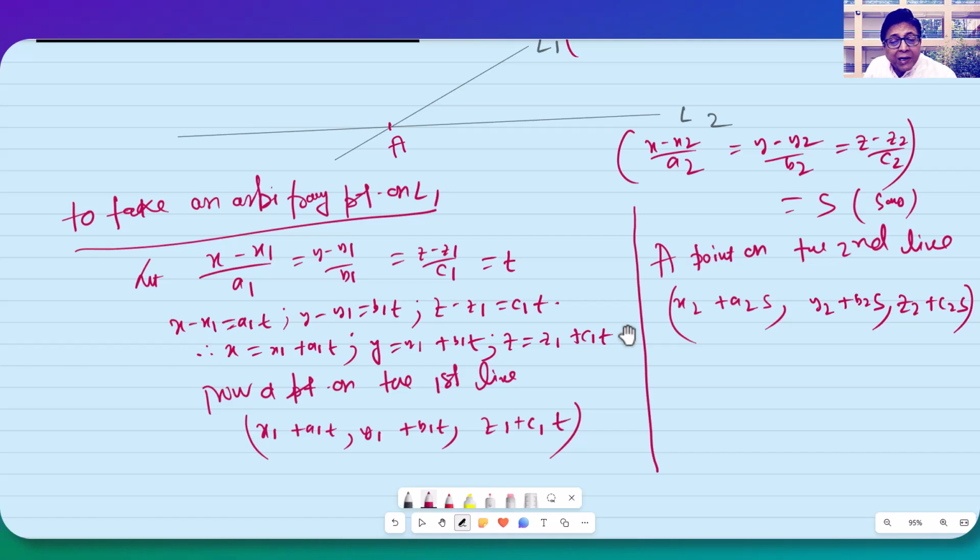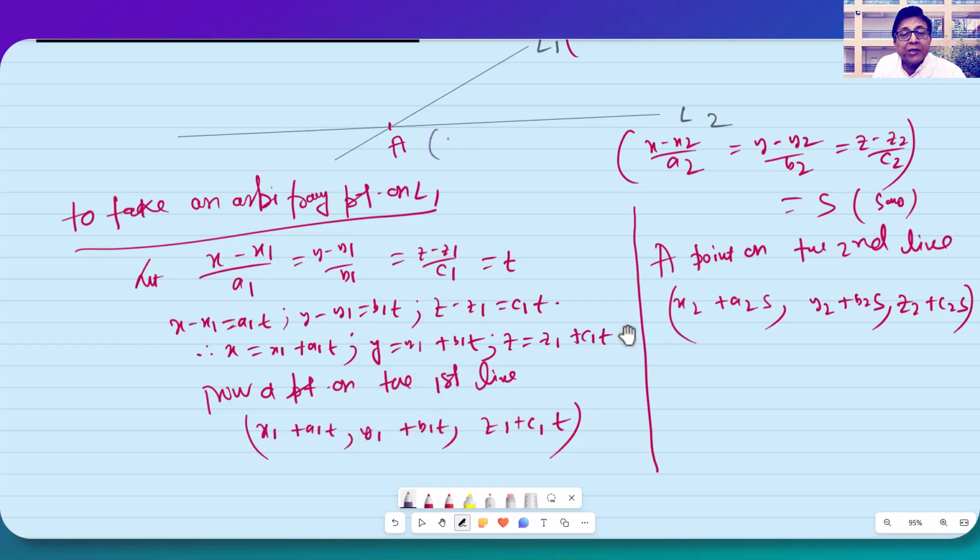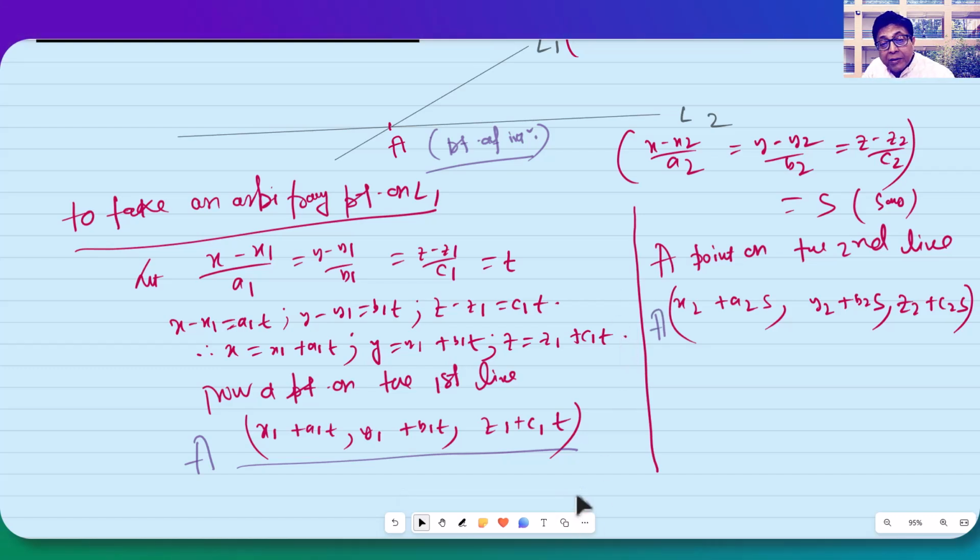We have taken that the point A is the point of intersection. This point A is the point of intersection. Now, if you are saying this point is A and this point is also A, then they must be comparable.